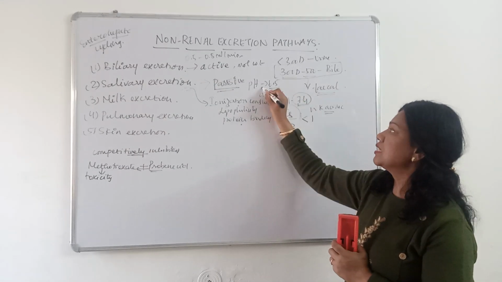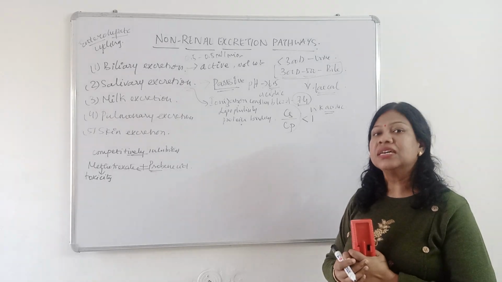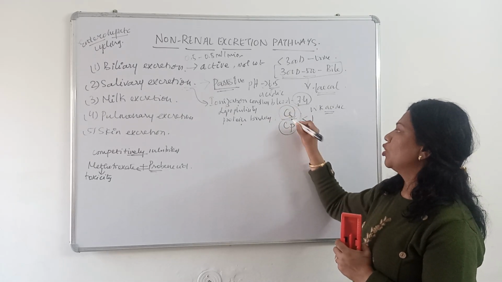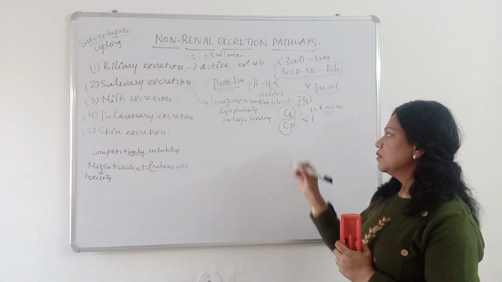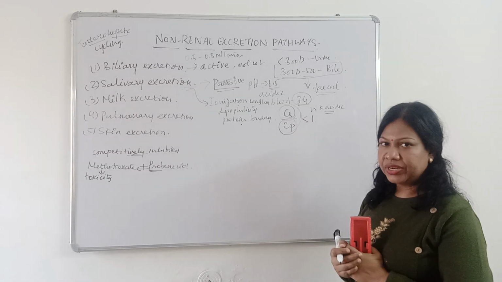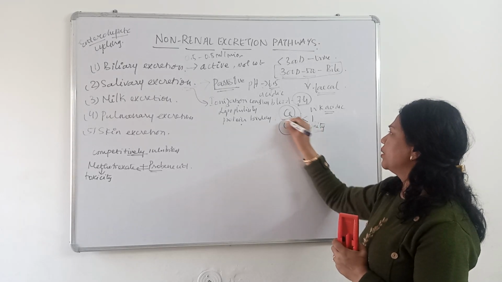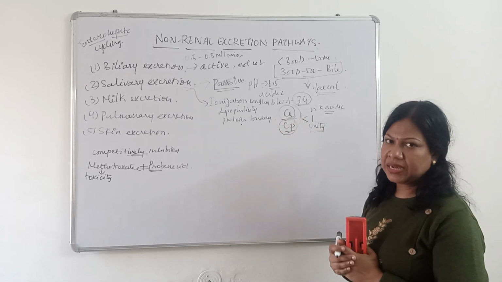So a very small amount of drug will reach the saliva. So less drug in saliva and more drug in plasma, which is less than unity, meaning the salivary drug concentration will be less than that of plasma.